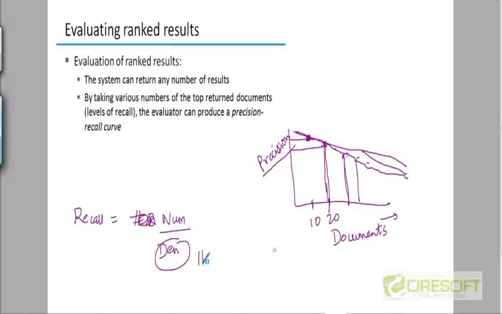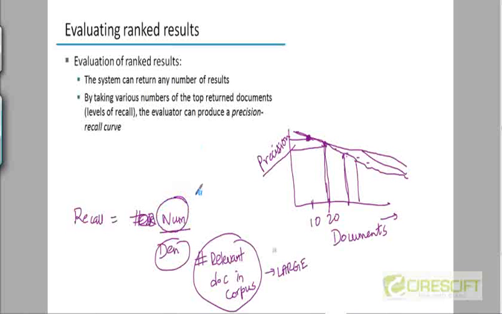This denominator is the number of relevant documents in the corpus, and this is a large value compared to the number of relevant documents in the top 20 list, right? What I'm saying is, let's ignore this denominator, because the denominator will be the same for both search engines. What if we compute the numerator only and compare the two?